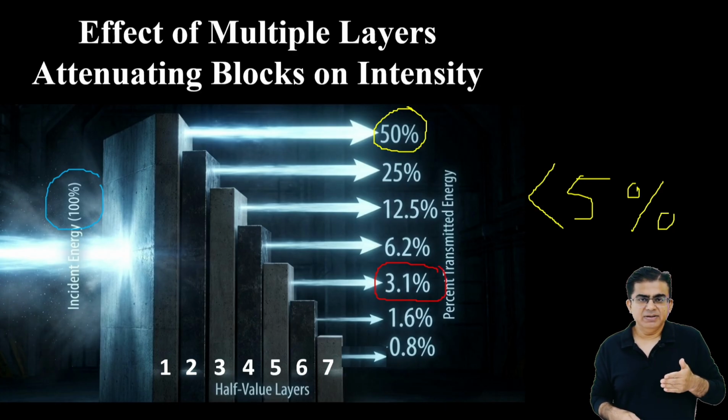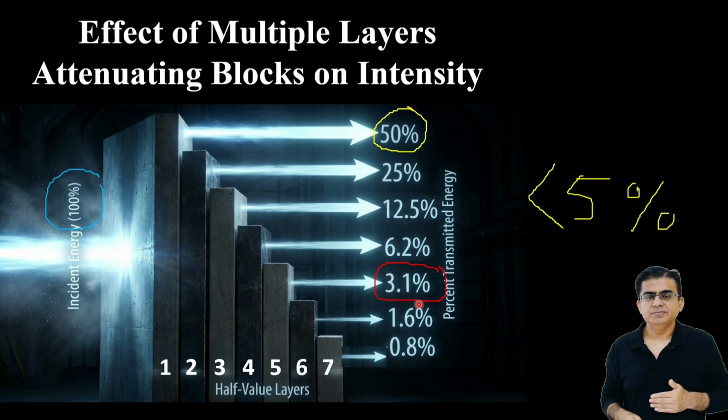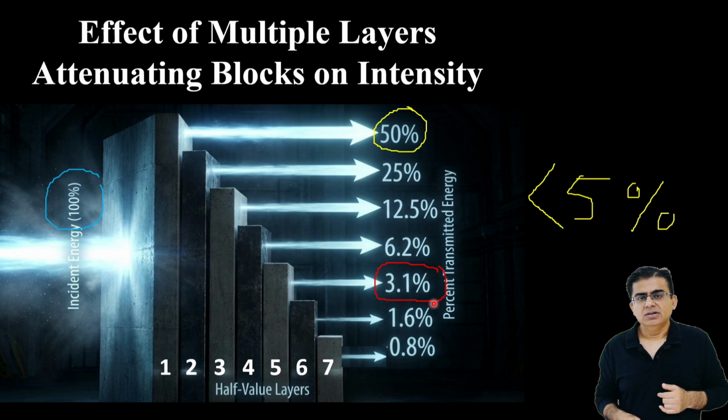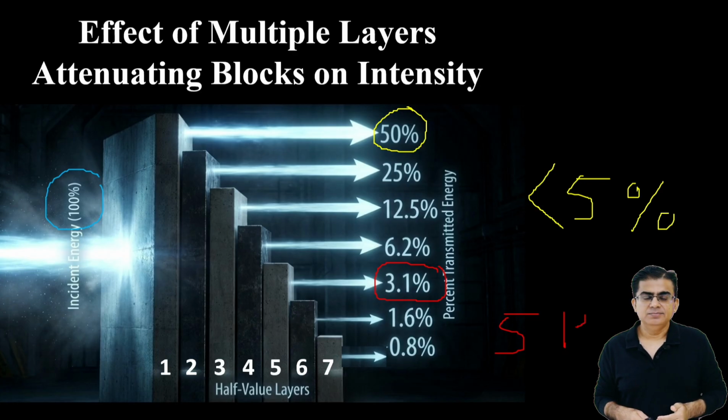This negligible transmission is perfectly acceptable for normal tissue protection. This is exactly why every standard shielding block you use in a radiotherapy department must always be 5 HVL thick.